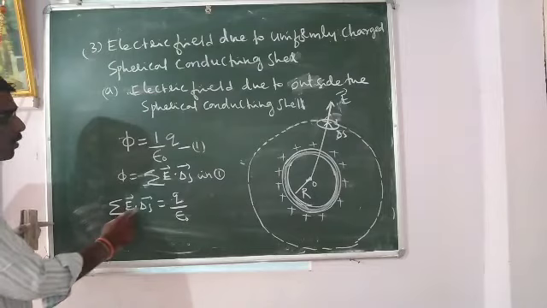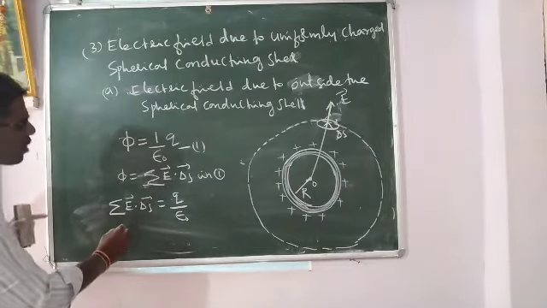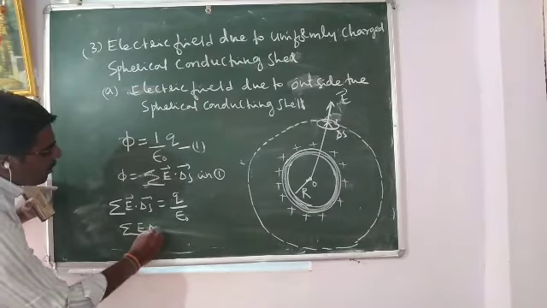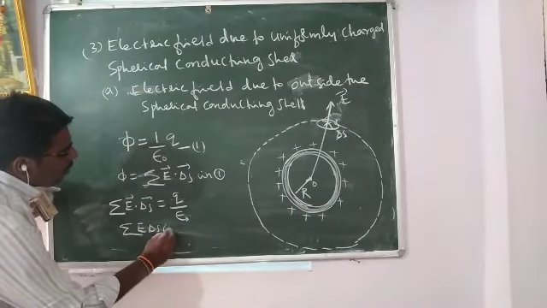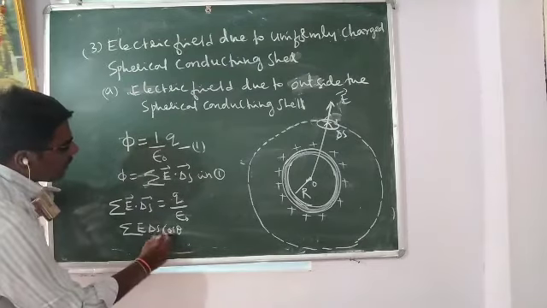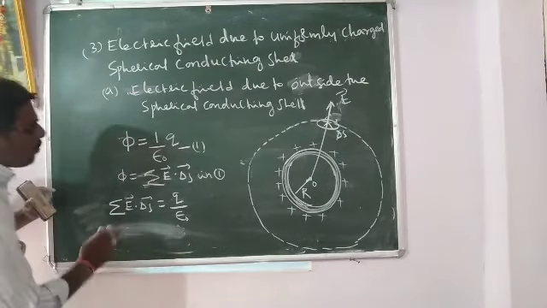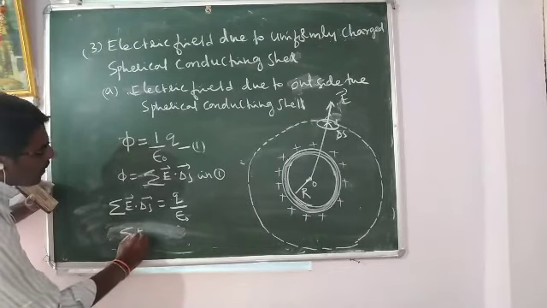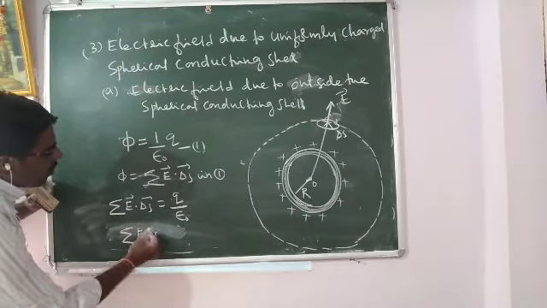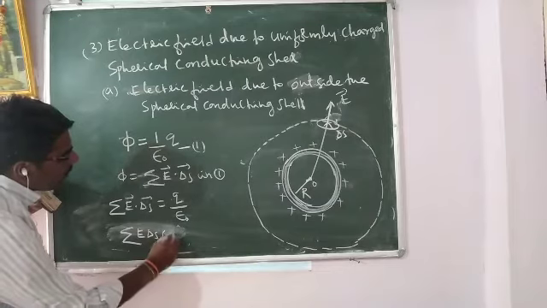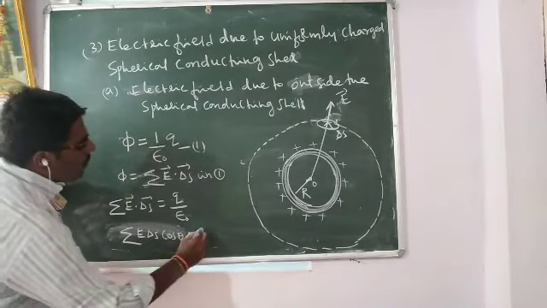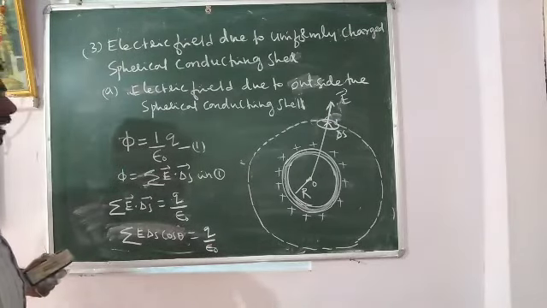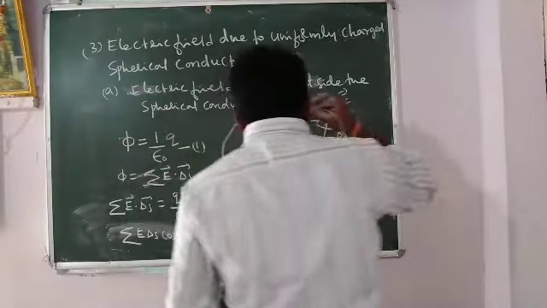According to the dot product of two vectors, E dot delta S is the product of their magnitudes and the cosine of the angle between the vectors. So summation of E delta S cos theta is equal to Q by epsilon naught.